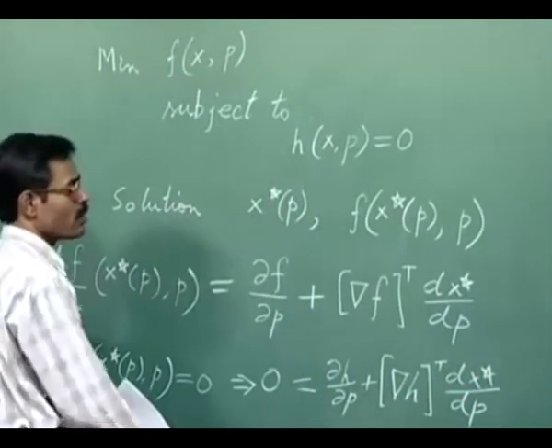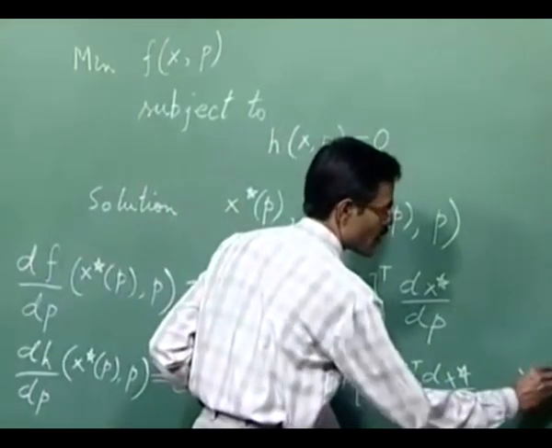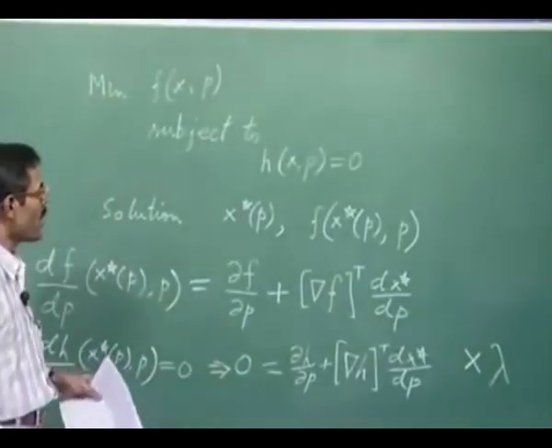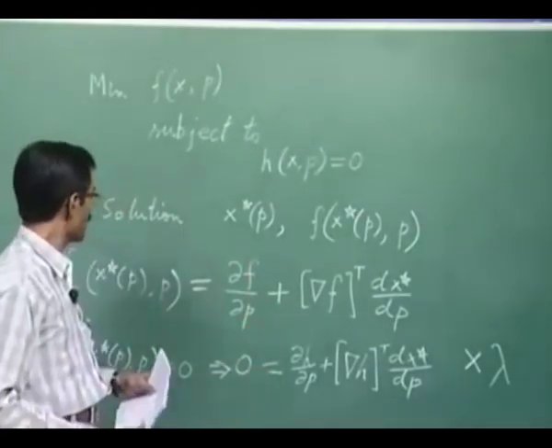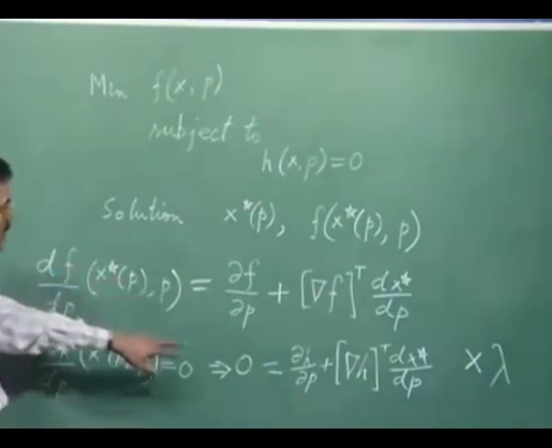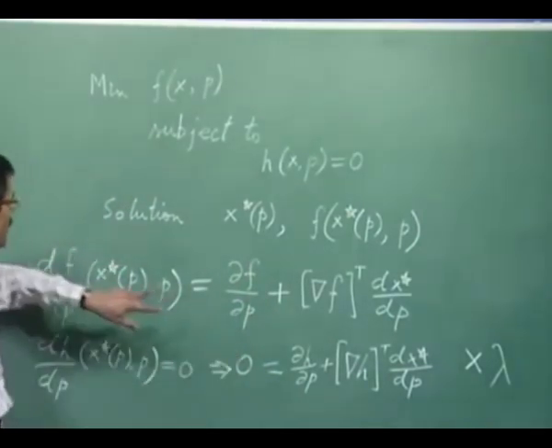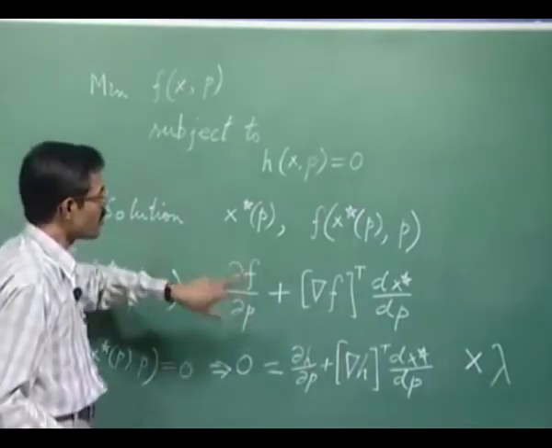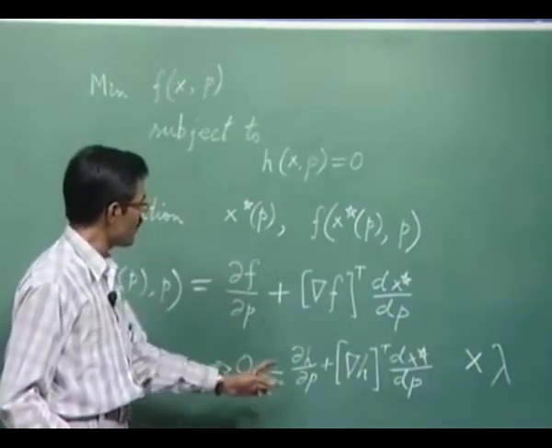And now, what you can do is that multiply this lower equation with lambda and add to the upper equation. On this side, 0 will be multiplied with lambda and added to this. That means, on the left side there will be no change. On the right side there will be some change. What will be that change?